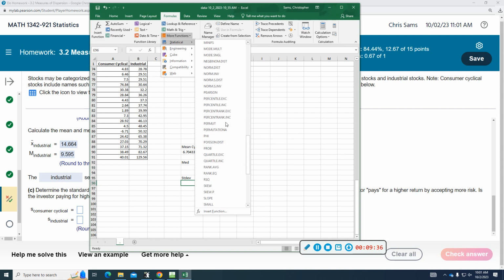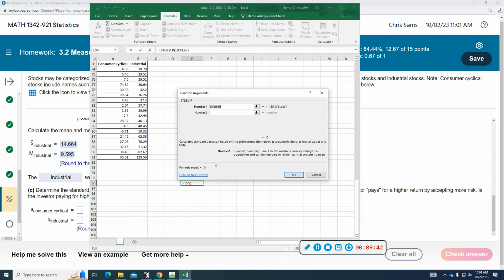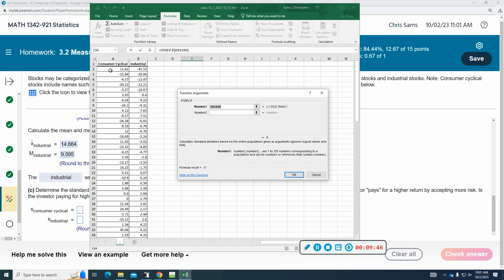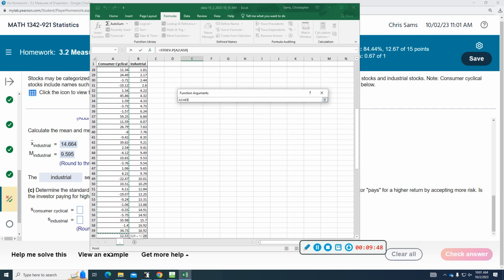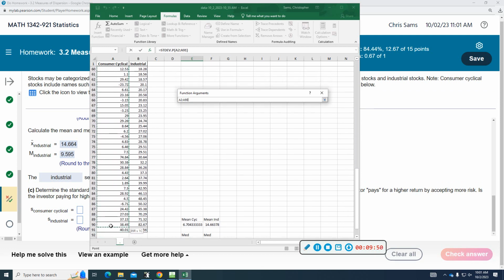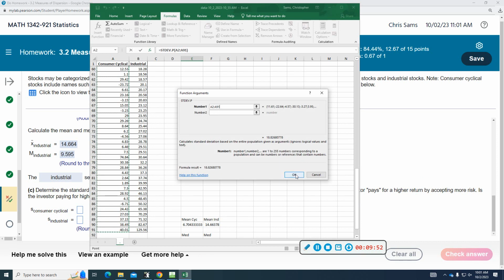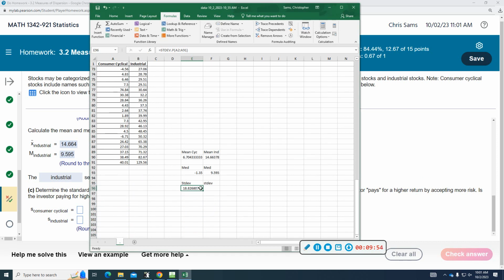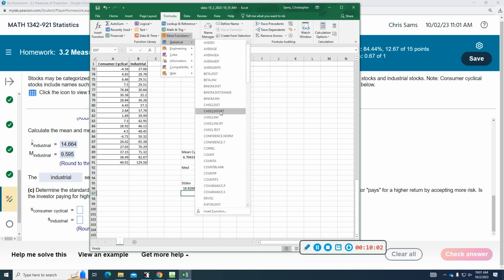So first, I'm going to go with the population standard deviation, and right below that I'm going to do the sample.